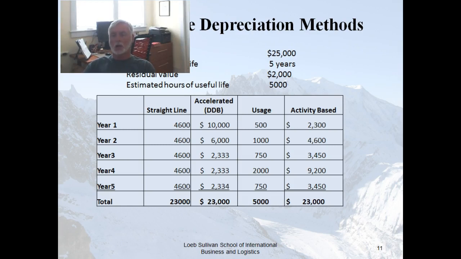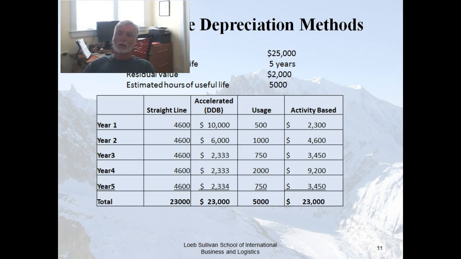We've charged the costs in different years, which means that we have front-weighted the depreciation to the early years, because that's when we think the machine is going to be most useful or most productive. And then the final method, we kept track of the hours the machine was used, and it was used 500 hours in the first year and 1,000 in the second year, and so forth. And we just calculate the activity-based depreciation using that metric.